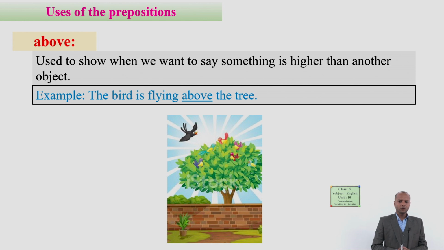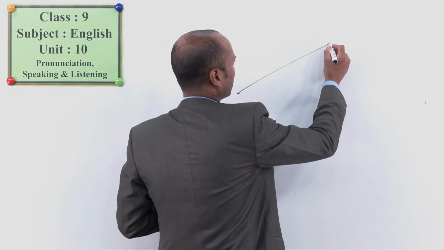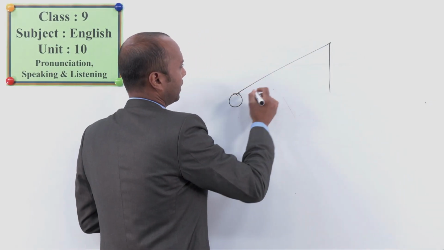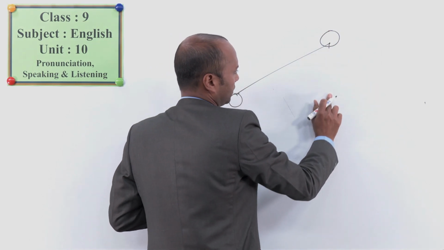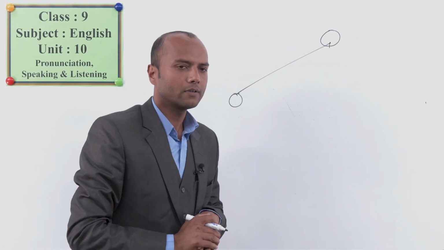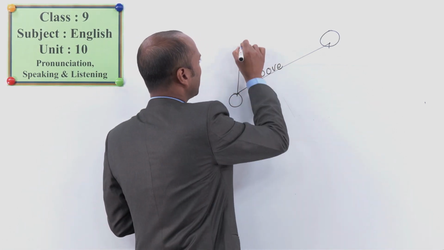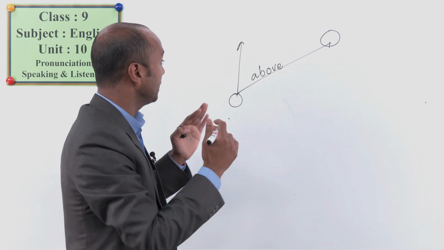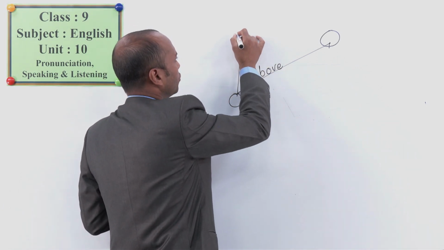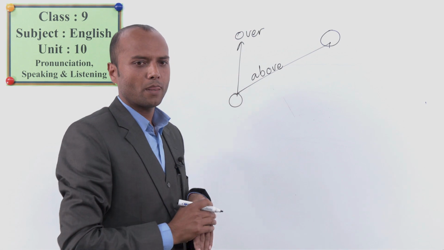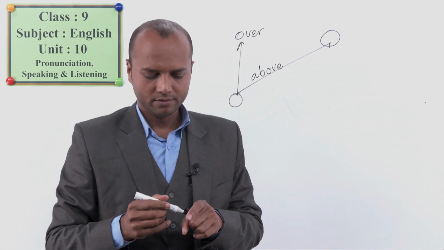If something is directly, perpendicularly up, for example, the condition is like this: one object is here and something is there. This is the sort of condition when you use above. Otherwise, if something is vertically above or perpendicularly above, you have to use over. But the bird is not there.